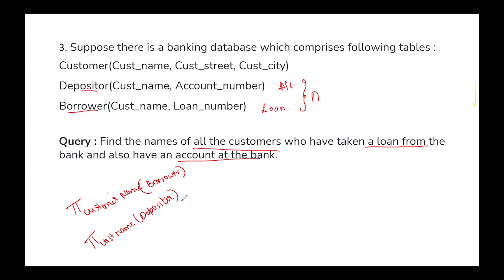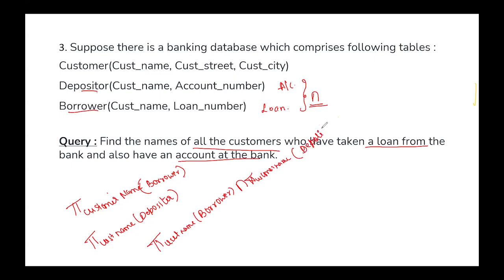Now, how do I get the answer? I need to combine them together, which is nothing but using the AND operation, that is, I have to intersect them. So if I write project customer name from borrower, intersect project customer name from depositor, isn't it?